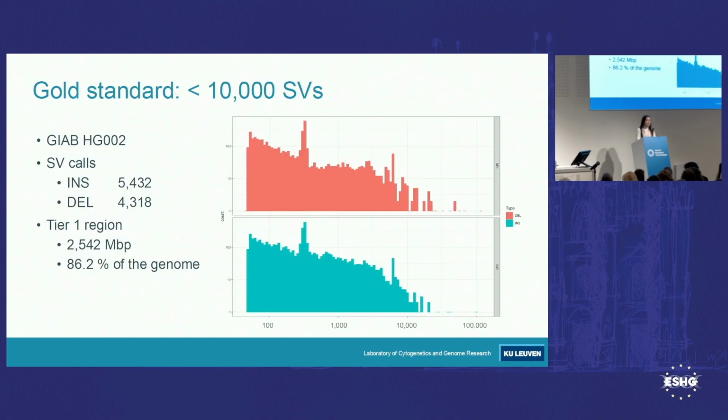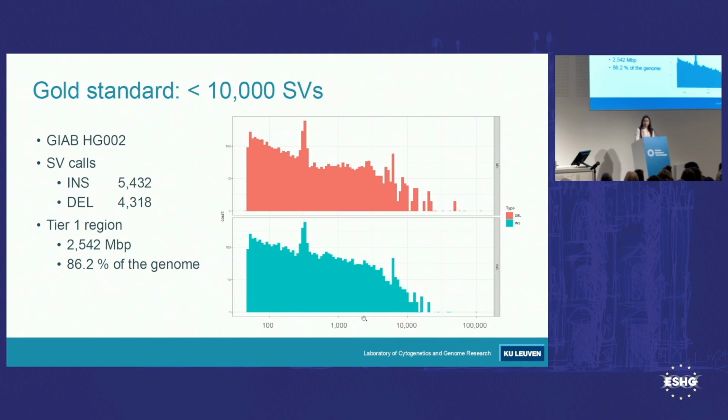However, if you look at the gold standard that is provided by Genome in a Bottle, first of all, the number of structural variants that you have would be much smaller, but also they don't cover the whole genome. Mainly those regions that are enriched with structural variant calls are not part of a tier 1 region, and these are all the variants that we cannot assess when we do the comparison with Genome in a Bottle.